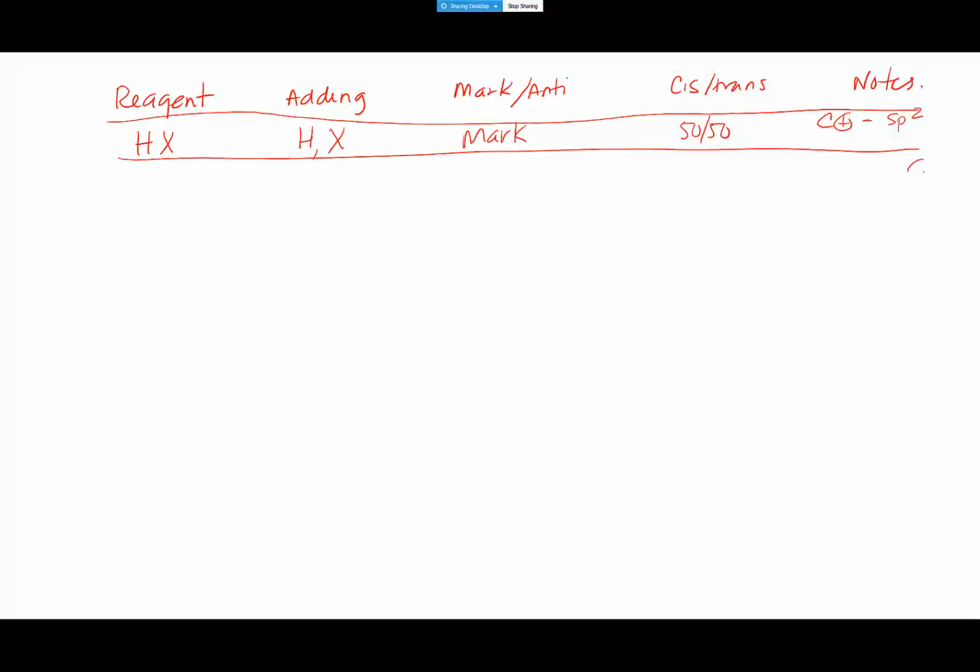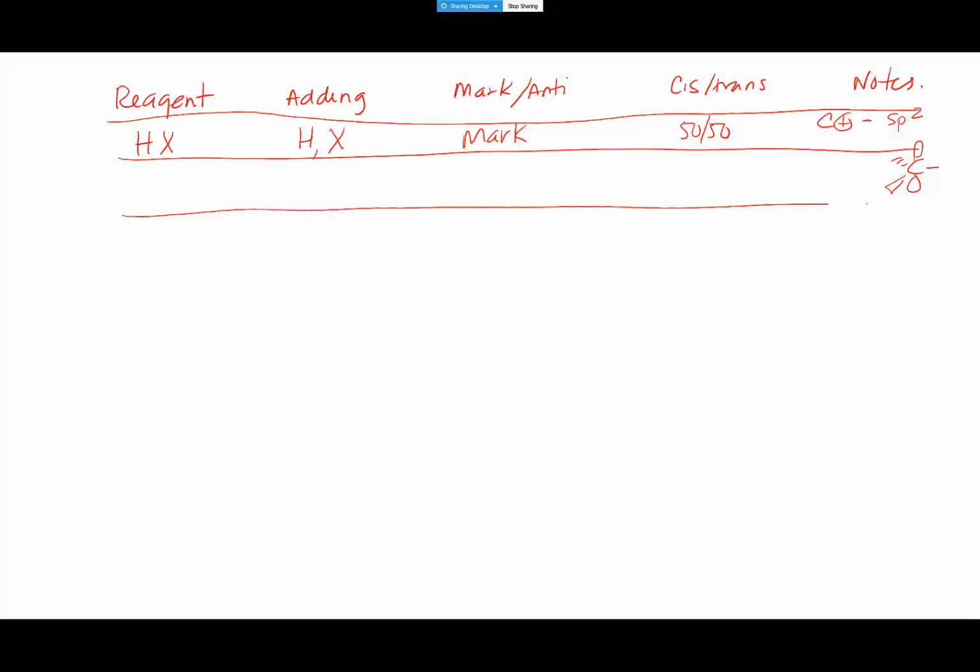So in other words, when you have an intermediate that is trigonal planar with the unhybridized p orbital, whether that has nothing in it for a carbocation or a dot for a radical, you're always going to get 50-50. So you can remember, it's always going to be 50-50 when it goes through an sp2 hybridized intermediate. So that's always going to be the case.